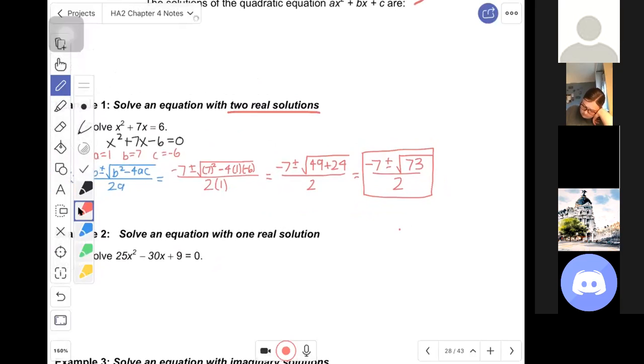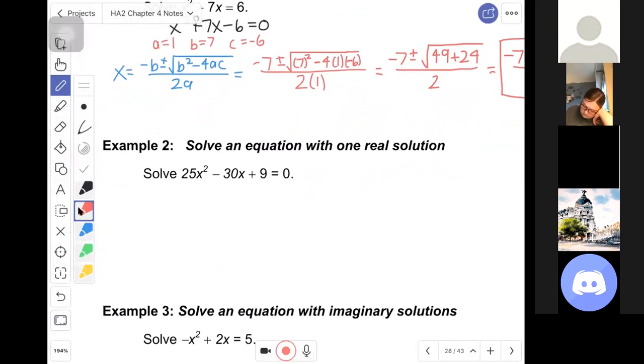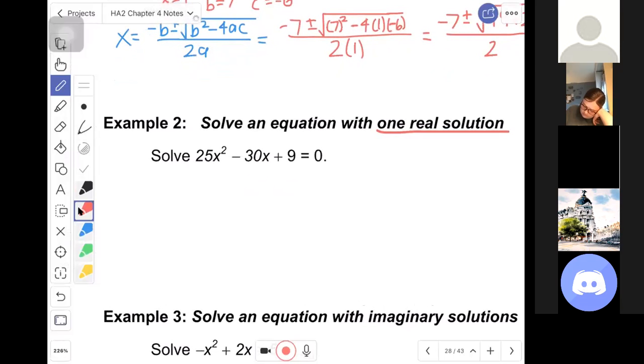Now let's look at example 2. They're saying solve an equation with 1 real solution. Well, let's see what they mean by that 1 real solution. So we have our equation here. Lacey, can you tell me what our A, B, and C are here?